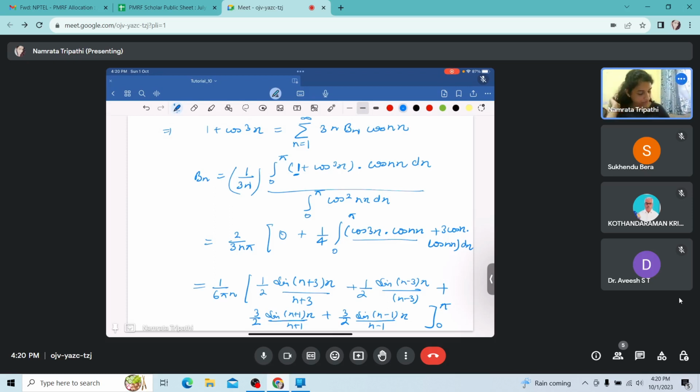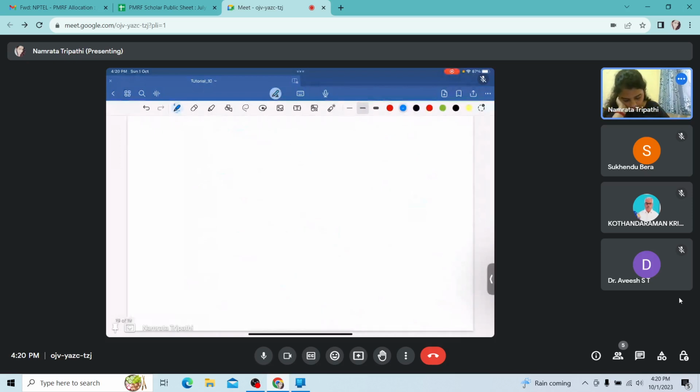From here, when you put pi and 0, the expression becomes 0, except when n is equal to 1 and 3.